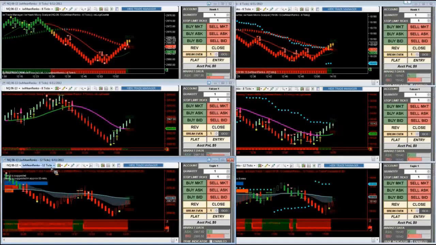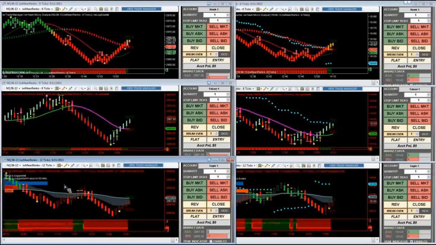Now, if you're not using the mean Renko bars and you're using, say, time charts, you can simulate this by perhaps looking at a 5-minute chart for your scalping tool, a 15-minute chart for your swing trader, and maybe a 30 or 60-minute chart for your trend trader.